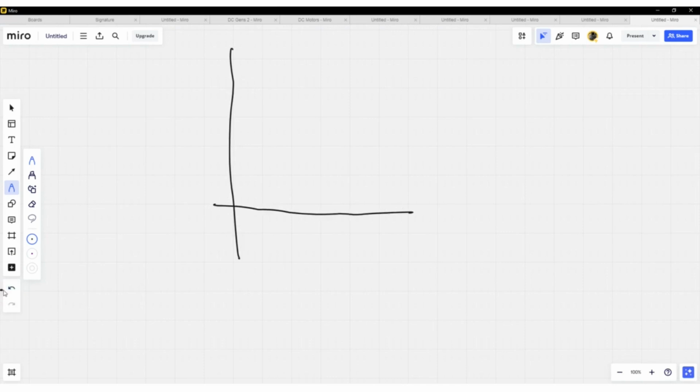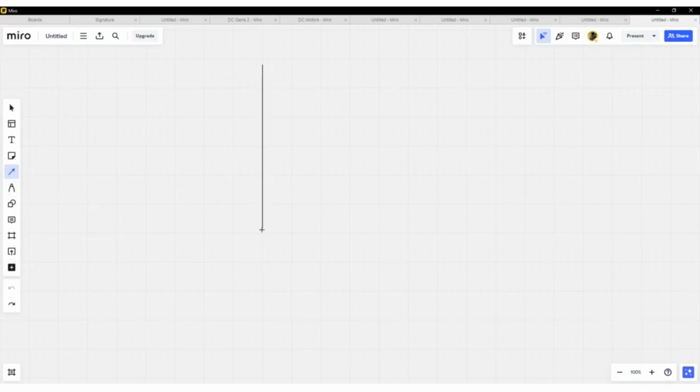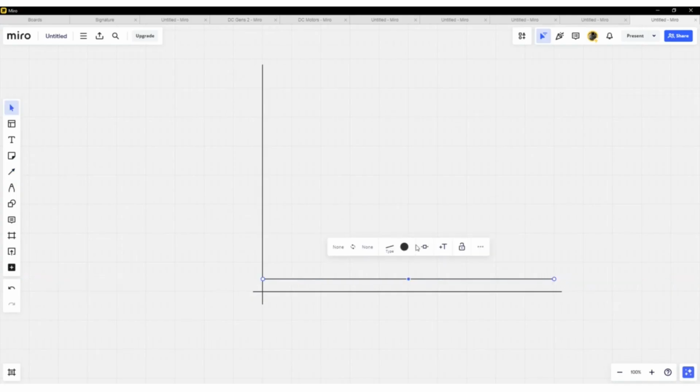Oh, goodness. Okay, let's use the tools at our disposal here. It's going to make it much easier. So let me maybe do 2 waveforms here for us. Let's make this one red.